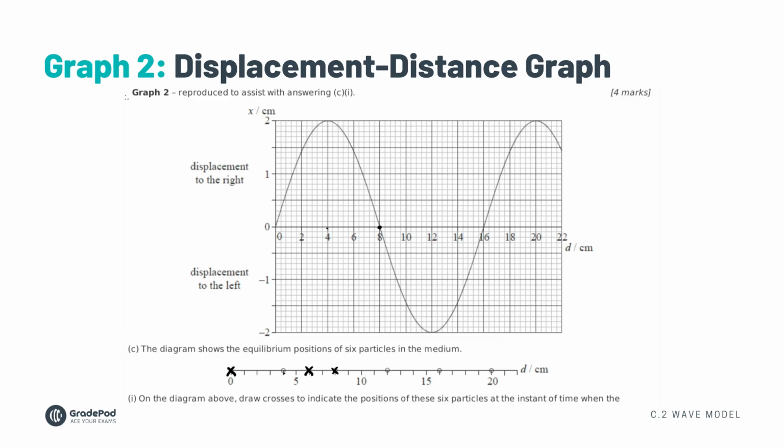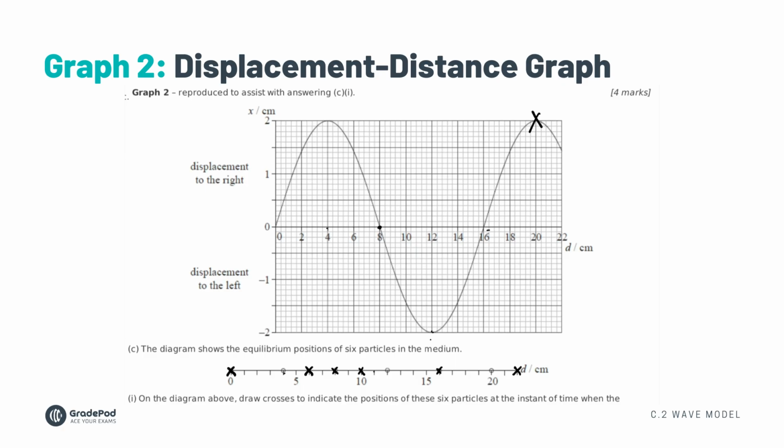The 12 particle has now been moved 2 centimetres to the left, 1, 2, it's there. Number 16 particle stays where it is, and the 20 particle has been moved 2 centimetres to the right, 1, 2, and it goes there. So we now have the position of each of these particles shown on this diagram.